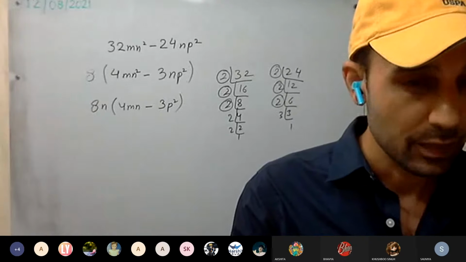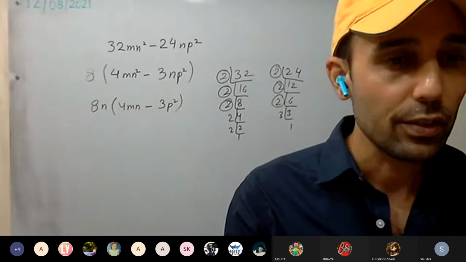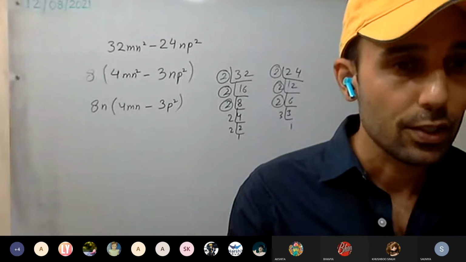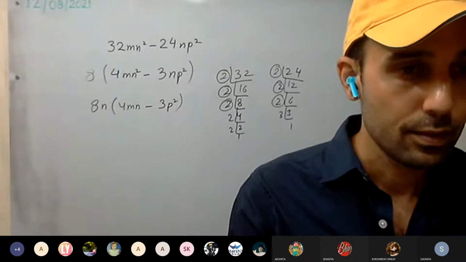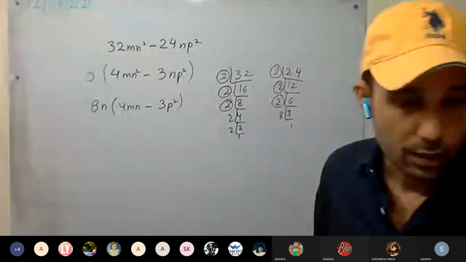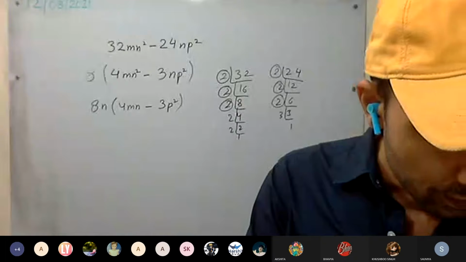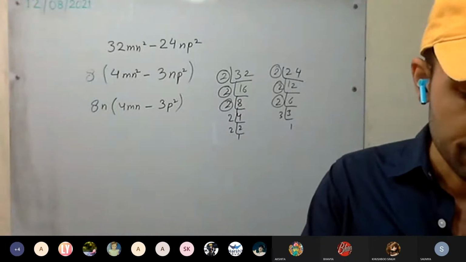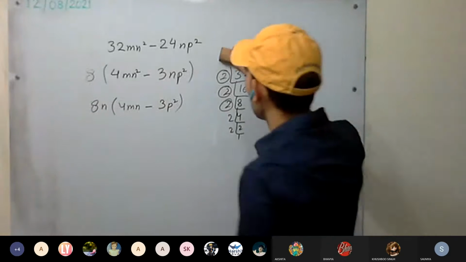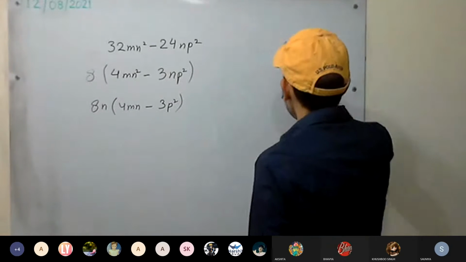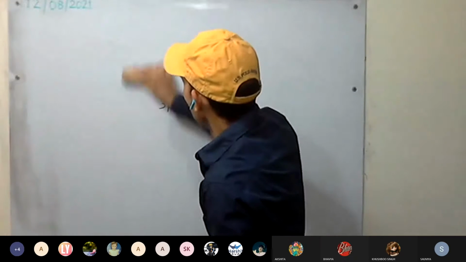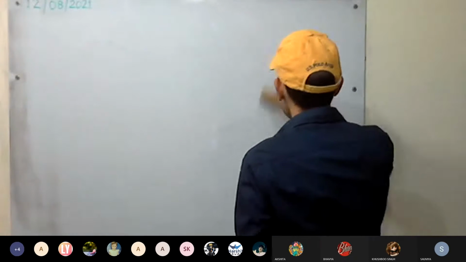Clear? Okay. Third one, Anita, you tell. 2x plus 2y plus 2z. Anita, unmute yourself and tell the answer.